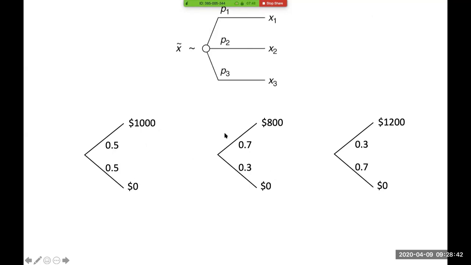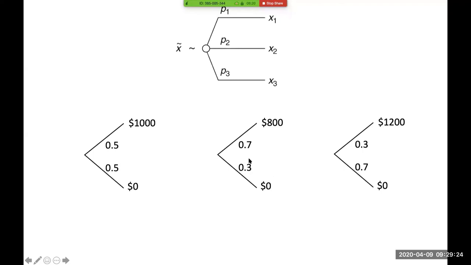Looking at these two deals, you can't really tell which one is more preferred by a specific person without looking at his or her U curve. Similarly, in the third uncertain deal you have a higher prize, $1,200. However, the probability of getting that higher prize is lower. So if you want to compare these three uncertain deals for yourself or for other people you care about or are consulting for, you really need their U curve in order to make comparisons.